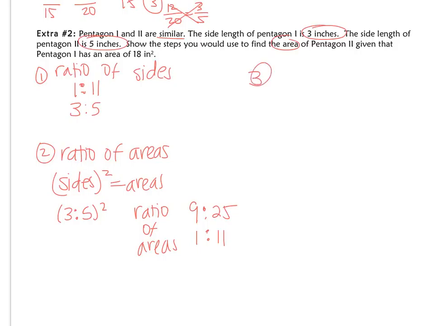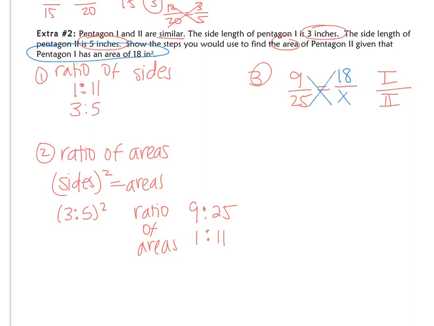Thirdly, I need to set up a proportion. So I'm going to change that 9 to 25 to look like a fraction. Again, this is pentagon 1 over pentagon 2. Now I know that the area of pentagon 1 is 18. Now, pentagon 1 is in the numerator, so I'm going to put an 18 here. I'm looking for the area of pentagon 2.